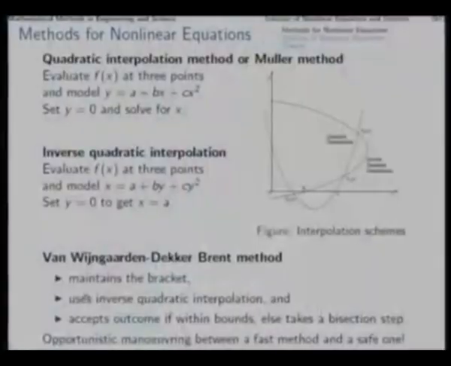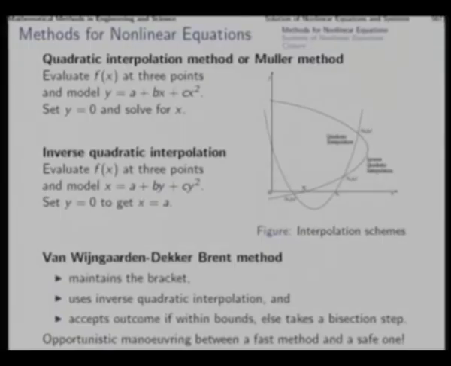Second, you use inverse quadratic interpolation, that is this model. And whenever you find that the next suggestion of a point that you get out of this turns out to be within the bracket interval, you accept it.